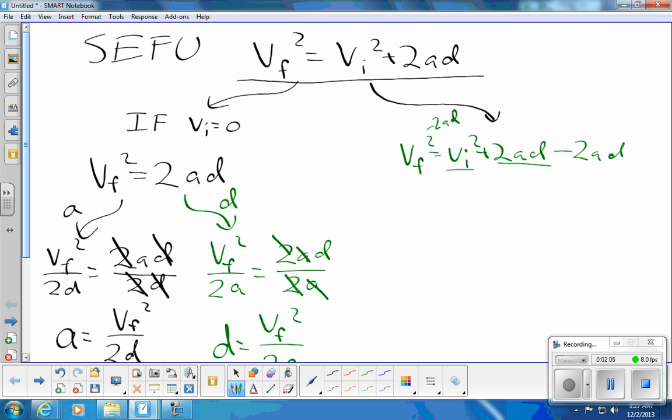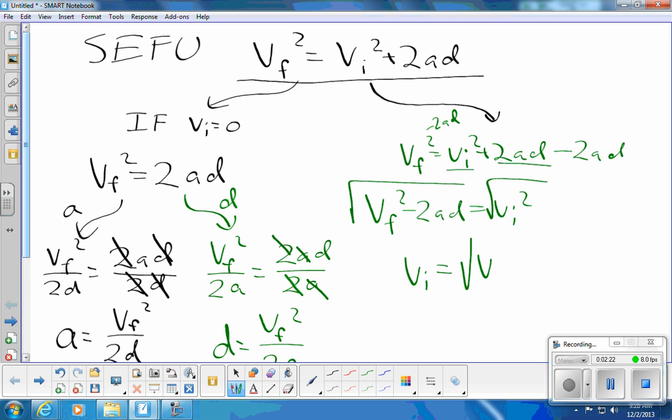And I'm going to have on the left Vf squared minus 2ad is equal to Vi squared. And that means that Vi, I get by taking the square root of each side, and I get the square root of Vf squared minus 2ad.